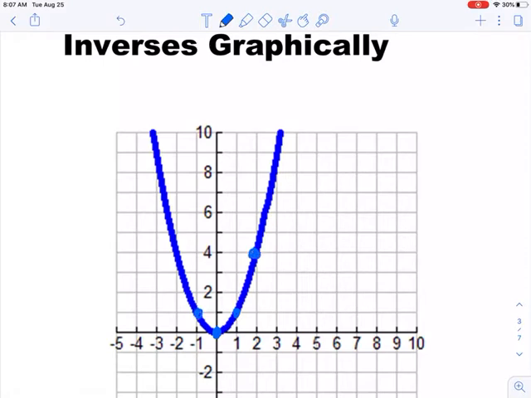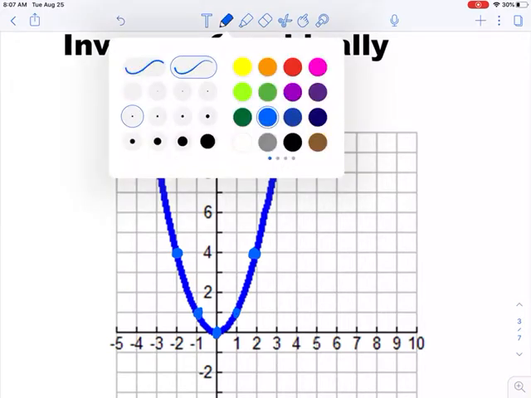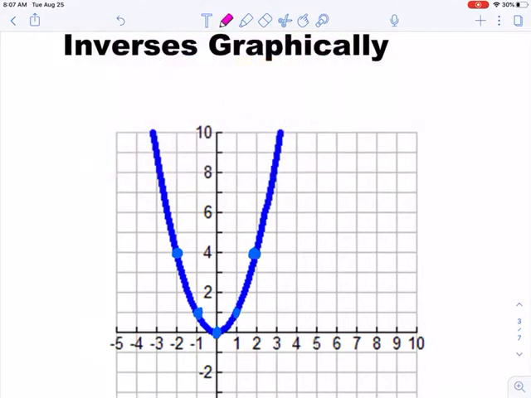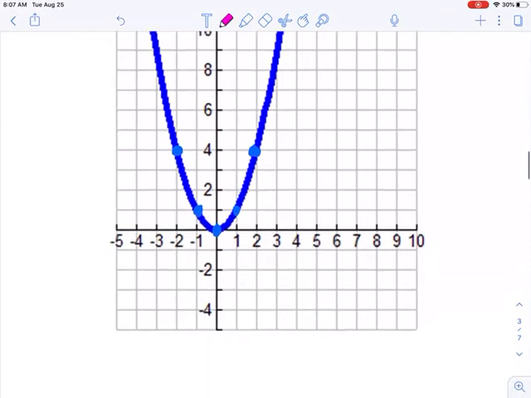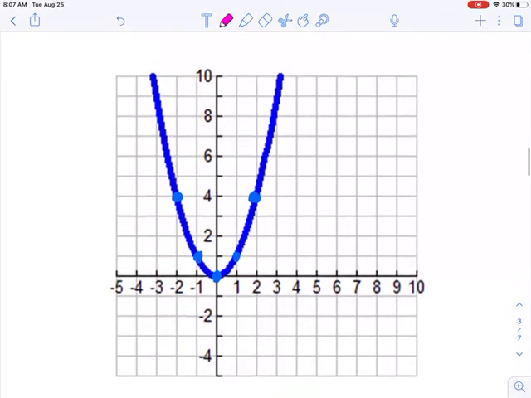So these coordinates here that I'm highlighting in blue, we would be taking those and switching their x and y, I'm going to do it in pink, for our inverse.